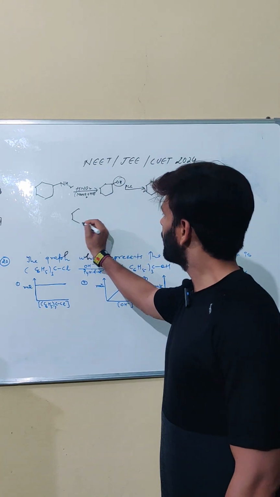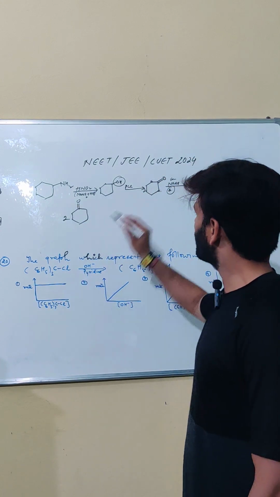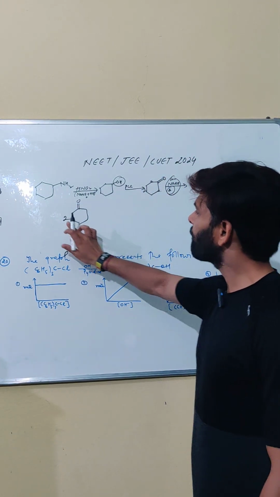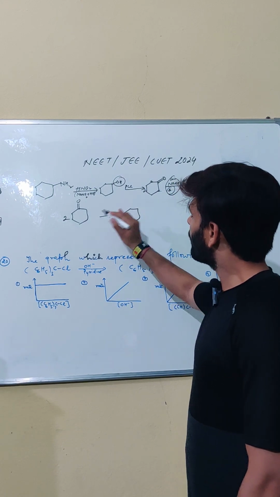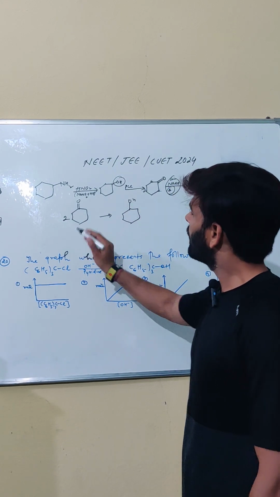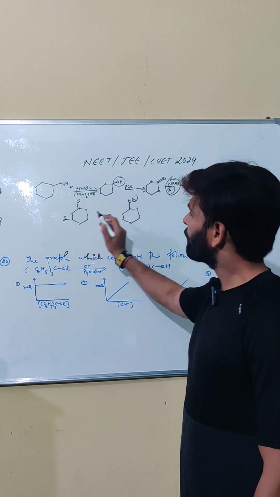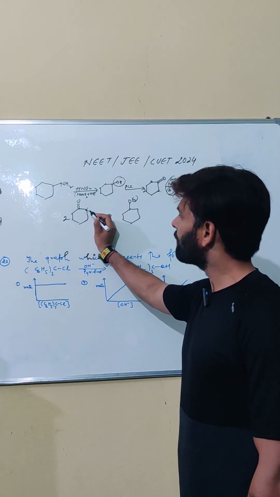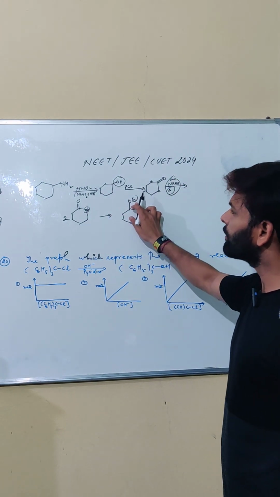So see here, if I am taking two molecules of this cyclohexanone and treating with this NaOH, how will the product form? Convert one ketone into alcohol, and this hydrogen we obtain from the other ketone from the alpha carbon. So hydrogen from this carbon has been shifted to this.